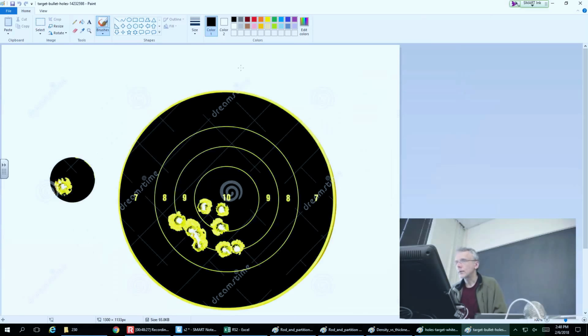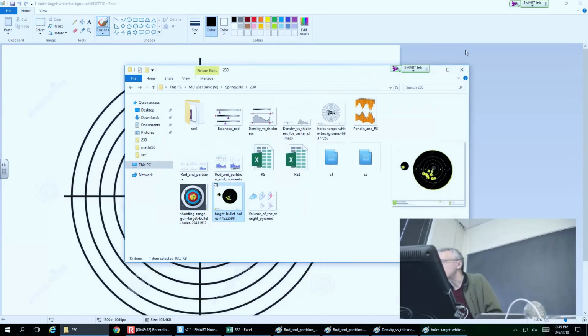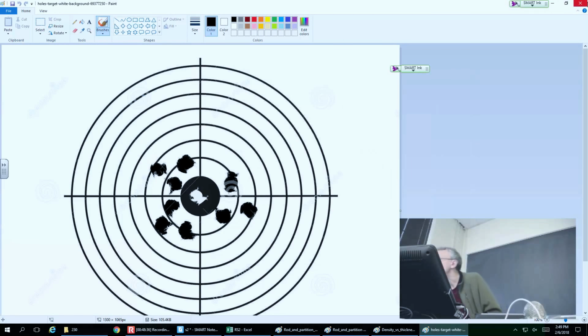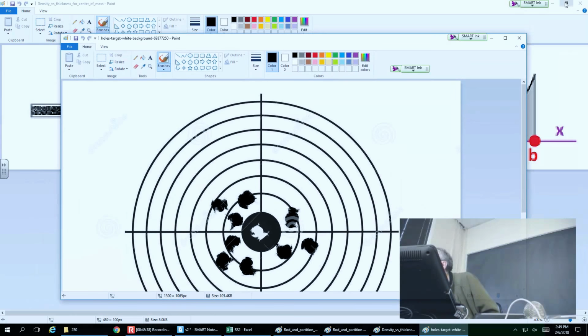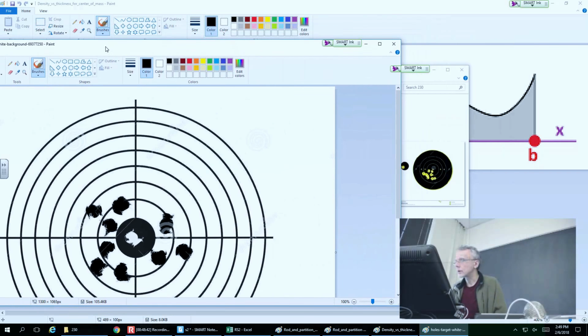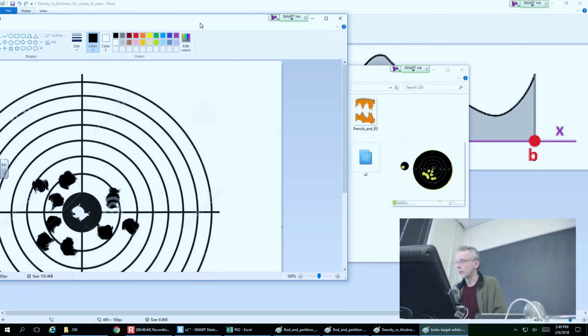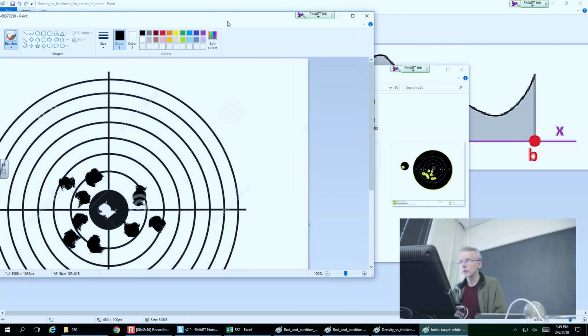If you compare the two, what is the point? I lost it. Can you compare the two pictures? The black one and the yellow one. What's the difference?